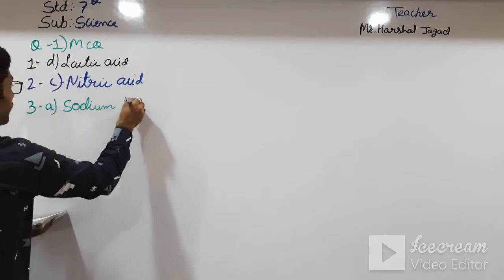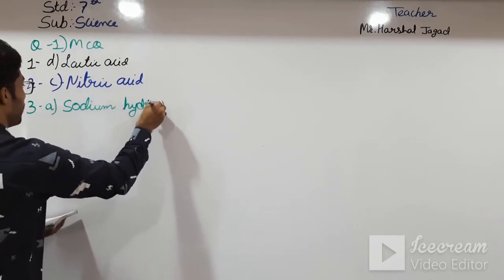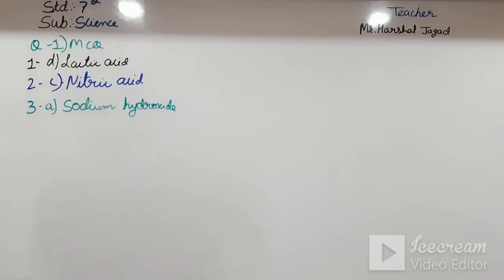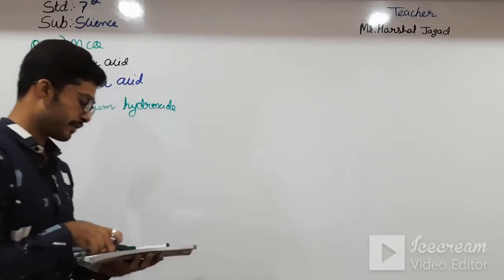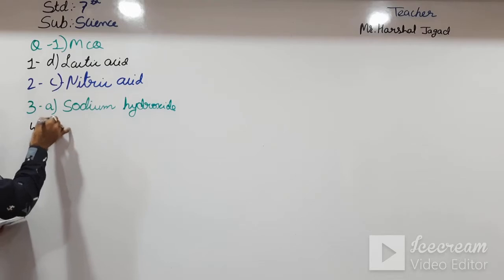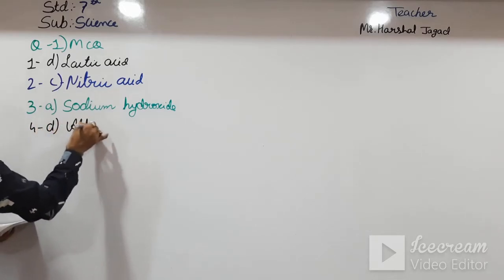Fourth one, which of the following is a neutral substance? Water, sugar, common salt. The fourth one will be D, all of them.